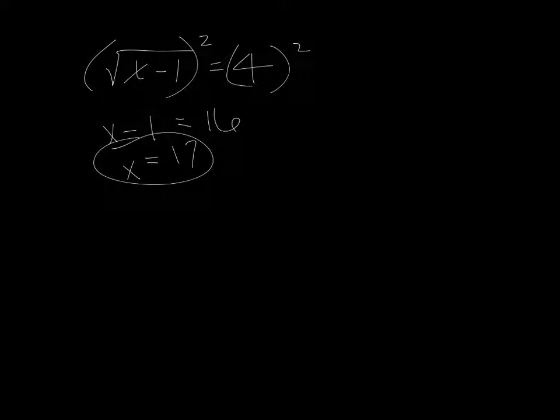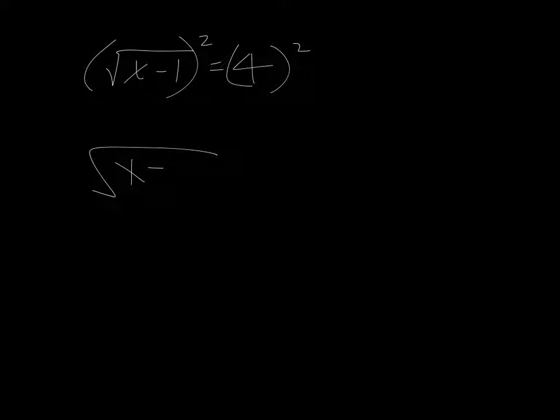Okay, notice what happened here at the very beginning. When we want to get rid of a radical, what you have learned to do is square both sides.